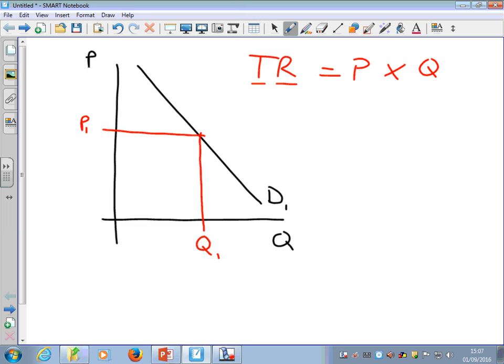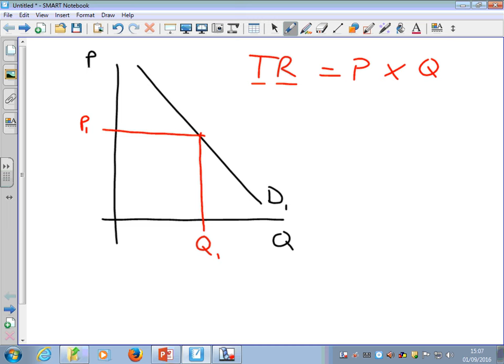Okay, so really simple example. If I opened up a shop and I was selling, let's say, pens, and I sold across one day 500 pens, and I sold them for £1 each, then my total revenue will be £500. Okay, now what we can do on our demand curve, we can actually see the area of revenue.